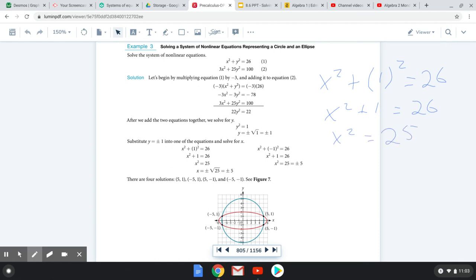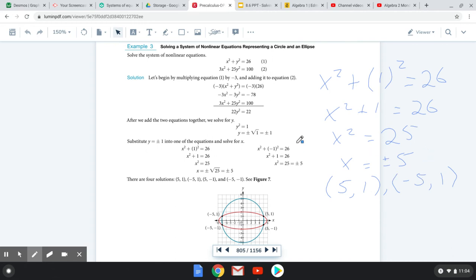Taking the square root of both sides, we get that x equals plus or minus 5. Now, if x equals plus or minus 5 when y equals +1, then that gives us two solutions for when y equals +1. We have 5 and 1, and we have -5 and 1.